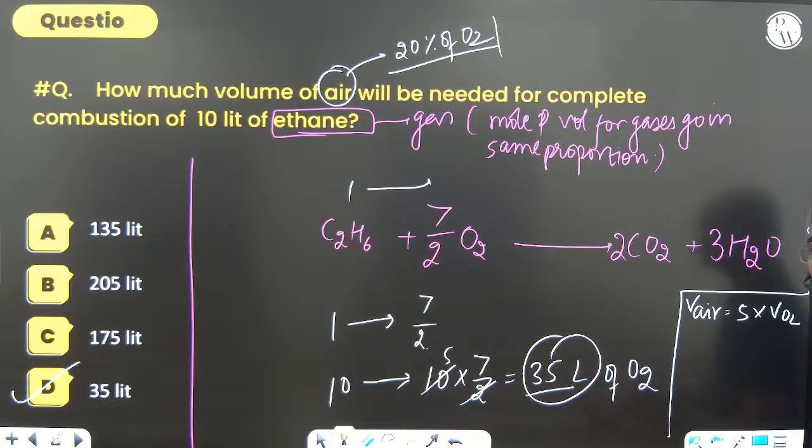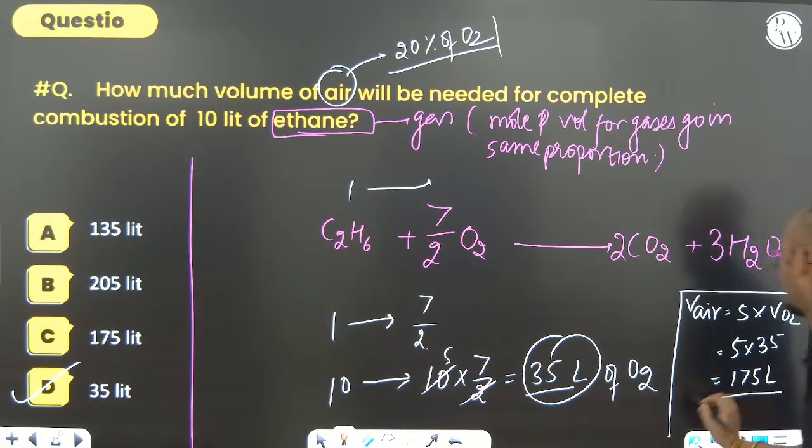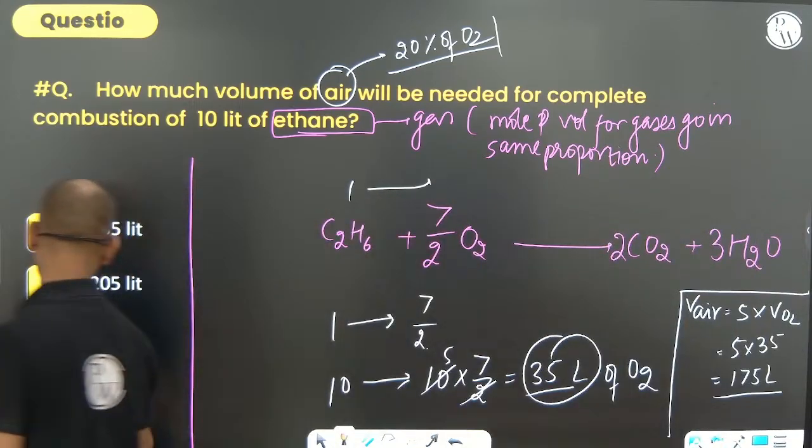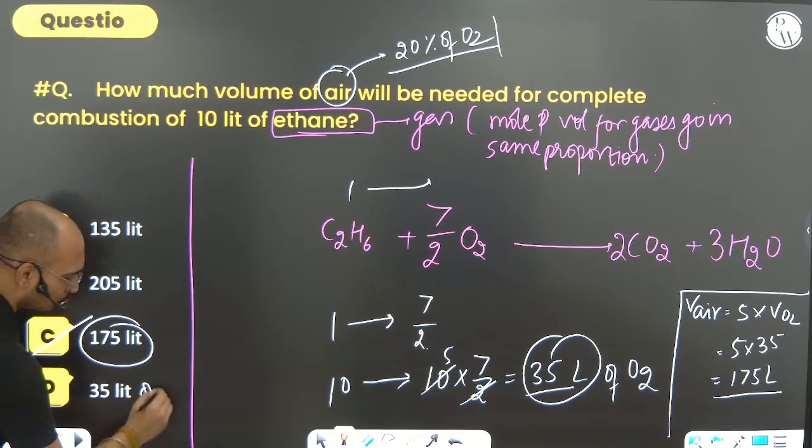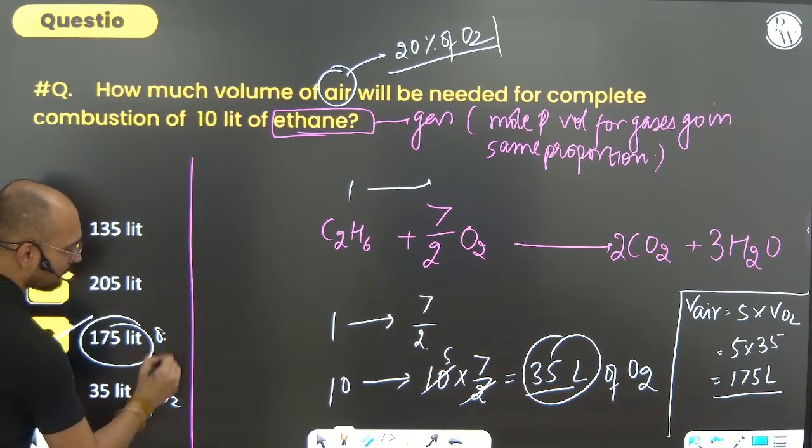So volume of air should be 5 times more. So we can say that 5 into 35, that is 150 plus, that is 175 liter. So option correct one should be 175. When 35 liter of O2, but 175 liter of air.